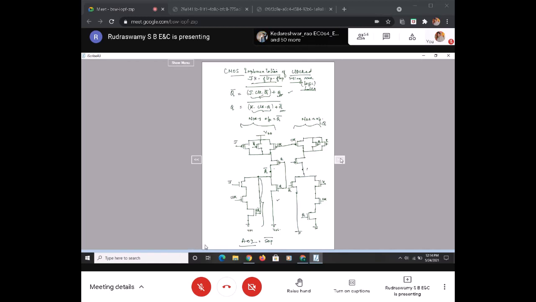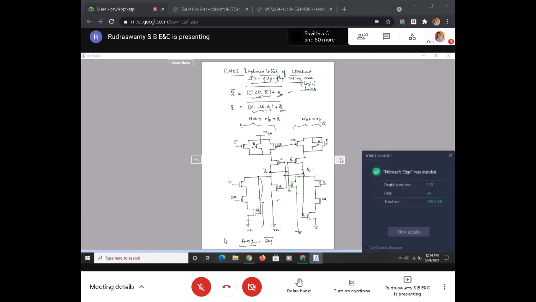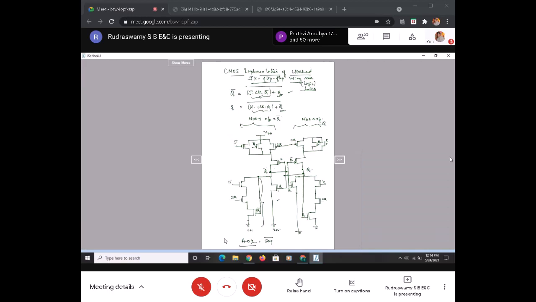This is basically now the Q, and this is Q bar. Now this Q bar will be going as one of the inputs of this, and this Q bar will be going as one of the inputs of this. Okay, and this is the complete structure of the CMOS implementation of clocked JK flip-flop using the NOR logic.